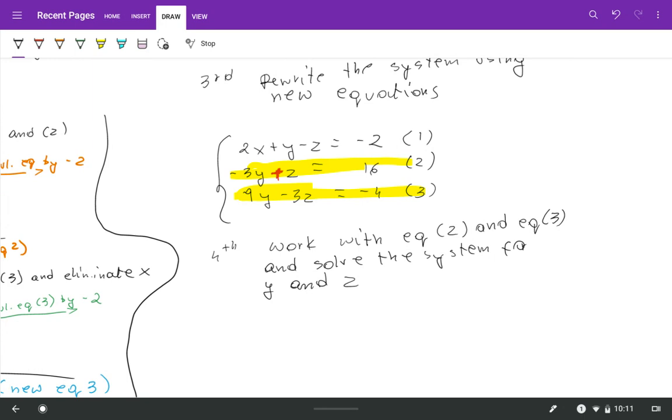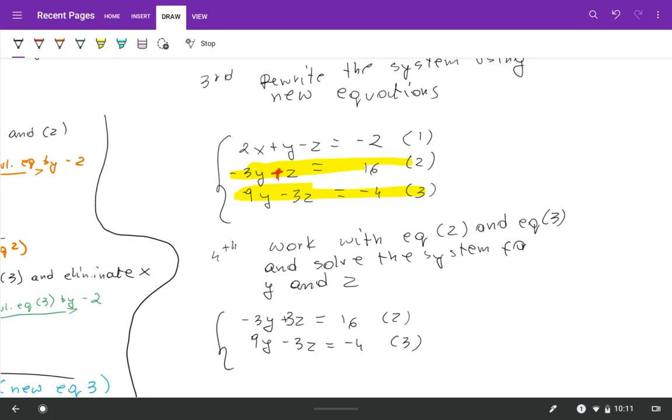We're going to work with equation 2 and equation 3. And equation 2, it's negative 3y plus z equals 16. Equation 3, it's 9y minus 3z equal negative 4. And now I want to eliminate z, so it's going to be opposite. I really would like to have positive 3z in front of z.